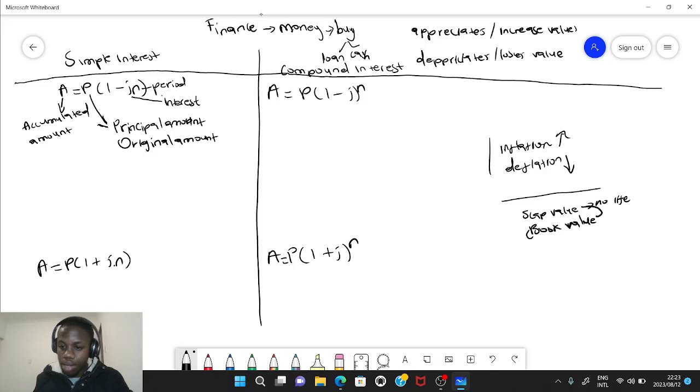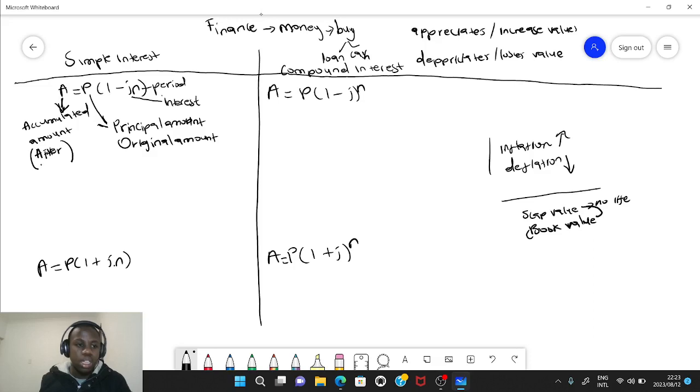So, back to our simple interest, we said we have A, known as the accumulated amount, right? I want you to note about A that I take A as the amount after. You don't really need to know the scientific meaning of an accumulated amount, but simply take it as the amount after.